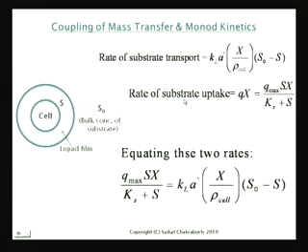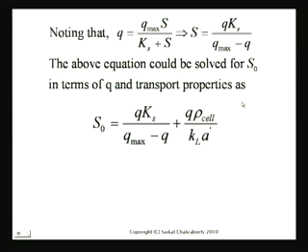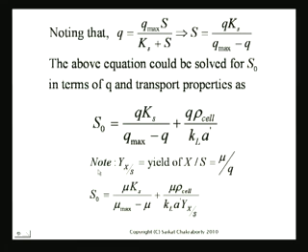Remember, you're not writing a balance for the cell, you're writing a balance for the substrate, and that's why I used q over here. Now if I want to convert it into the cell, the yield of cell comes in. That's the only little bit of difference between what we did with the Monod growth model and here. The Monod growth model was quantifying the amount of cell growth, and therefore it was given as mu times X, whereas this one quantifies the amount of substrate uptake.